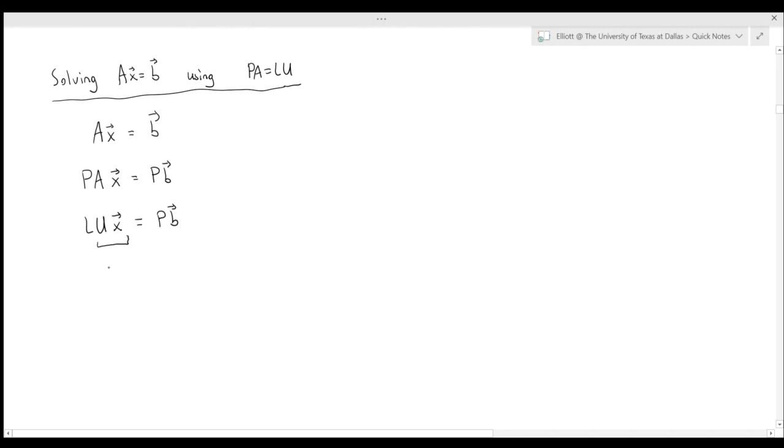So we're going to call Ux a new vector Y. Then we're going to solve LY equals PB using forward substitution.